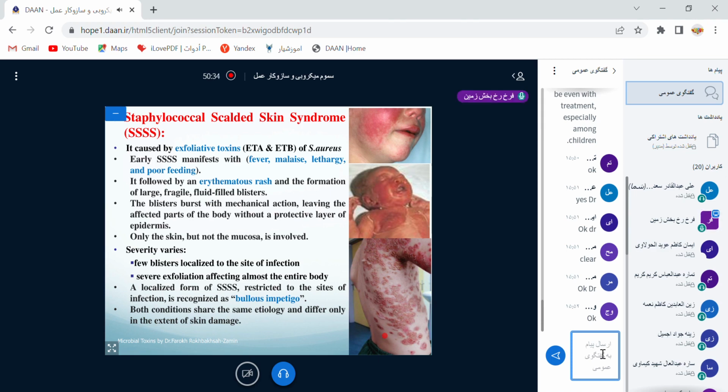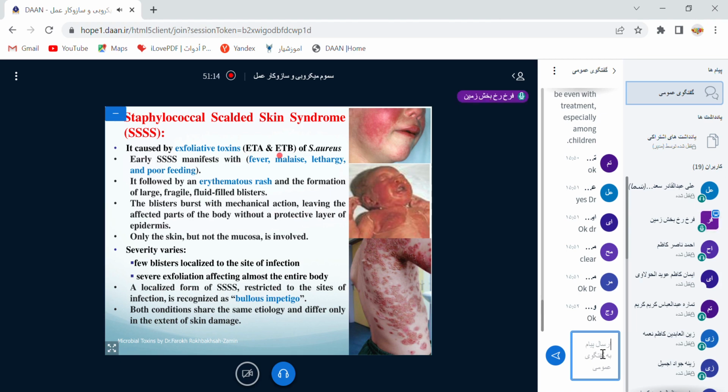So again, we remind you, some strains of Staphylococcus aureus can produce this disease if they can produce exfoliative toxin. It's caused by exfoliative toxin, and there are 2 types, type A and type B. Exfoliative toxin A, ETA, and exfoliative toxin B, ETB, of Staphylococcus aureus.